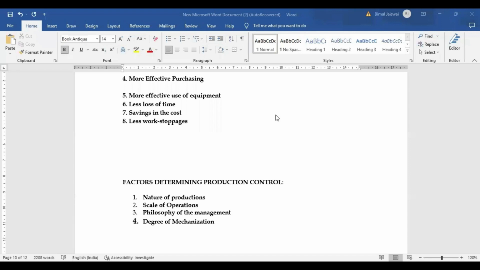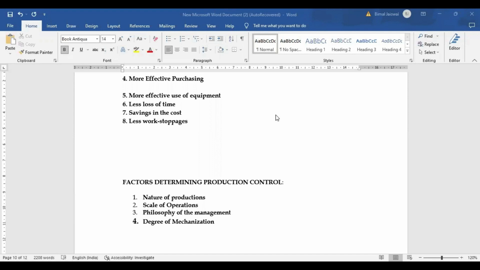Degree of mechanization means what is the level of automation and mechanization that you are making use of. Highly advanced, highly engineered means the activities are machine based or man-made based. When it is man-made based, automatically the skill of the manager and the skill of the labor will be required to overcome the problem.